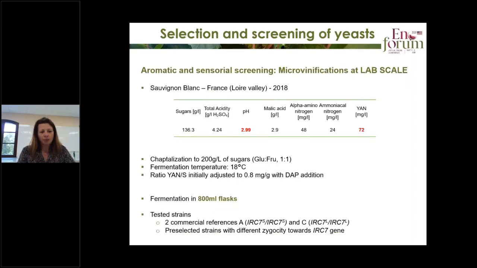The next step of this study is to test the 11 selected strains in Sauvignon Blanc must at lab scale, with a low pH and a nitrogen deficiency, to be sure to select strains that are efficient in strong, difficult conditions. They were compared to commercial references that have different zygosity towards the ERC7 gene.